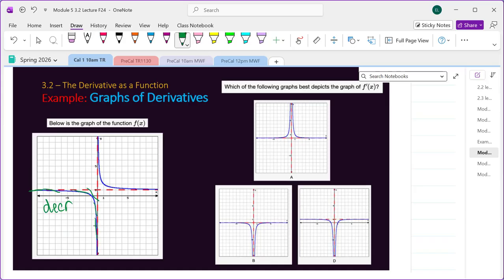Now, what about the other side of the graph? It's also going down, from an almost vertical line to an almost flat horizontal line. So both sides of my asymptote are decreasing, which means both sides of my asymptote in my derivative should be negative.